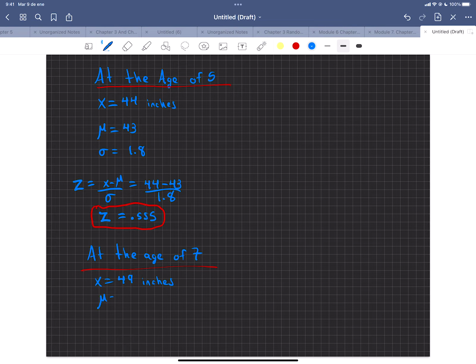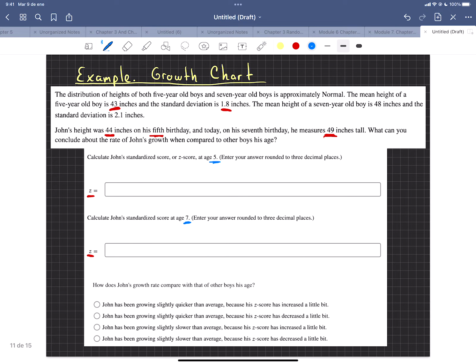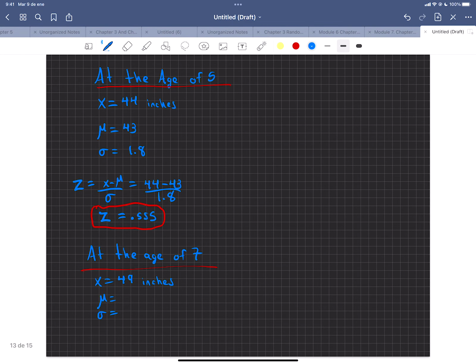The mean is different and the standard deviation as well. So the mean for 7-year-olds is 48 and the standard deviation is 2.1.